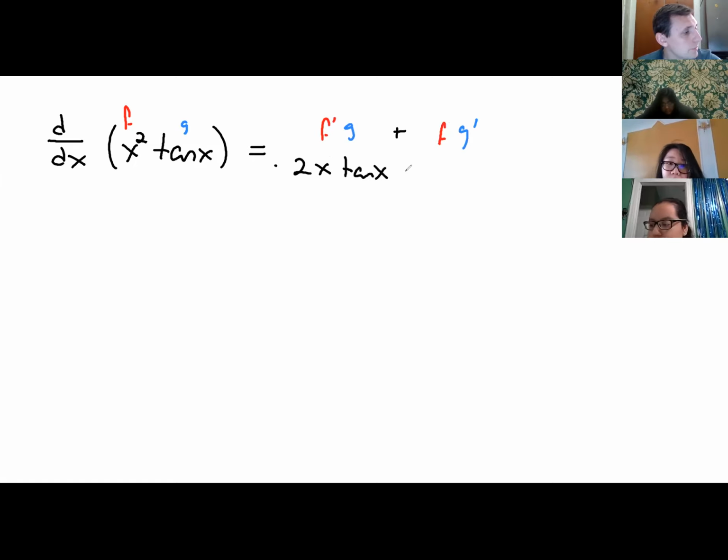The derivative of tangent is secant squared, and then this is our result: 2x tangent x plus x squared secant squared. Good. Very nice.